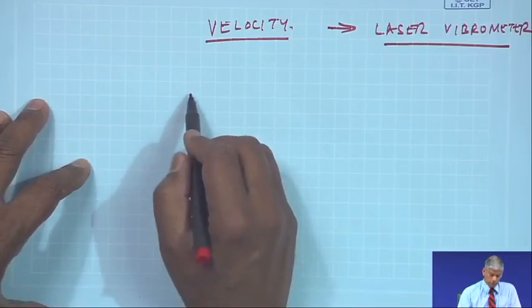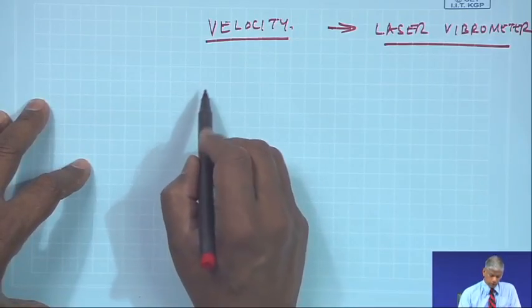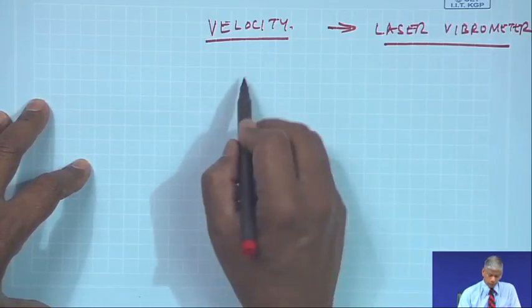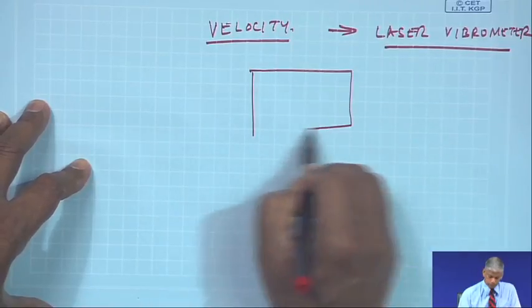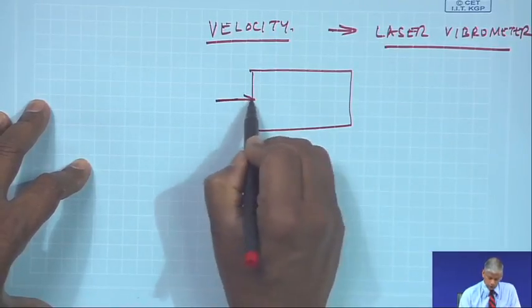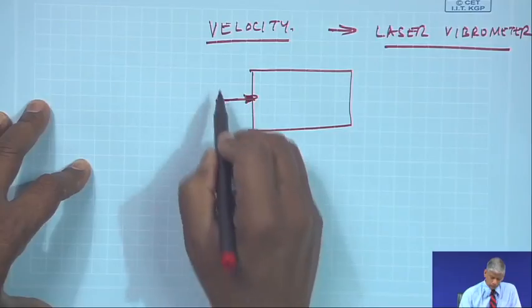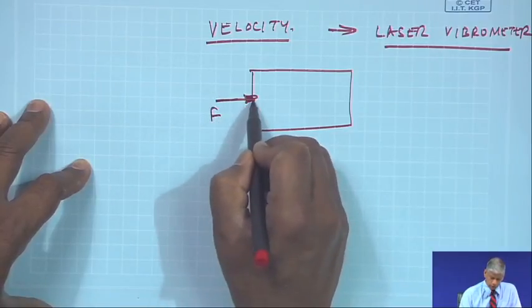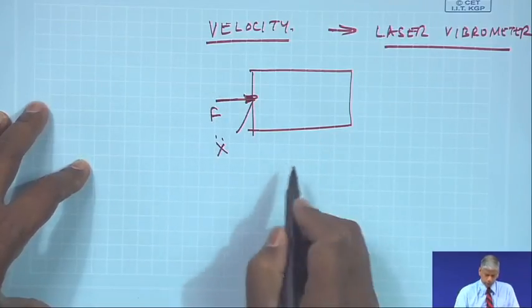But sometimes when you are exciting the structure, at the point where I am applying force, I can also get the response x double dot.